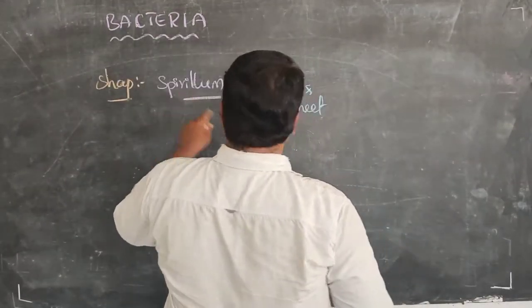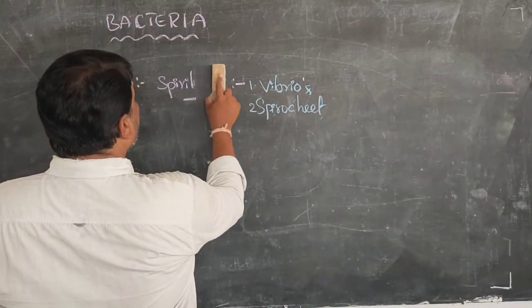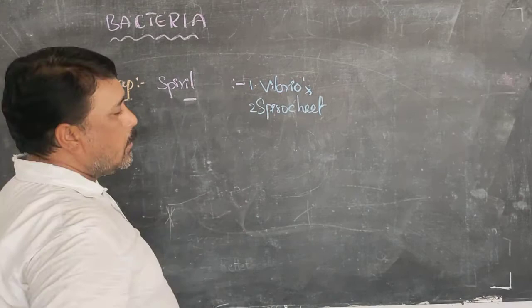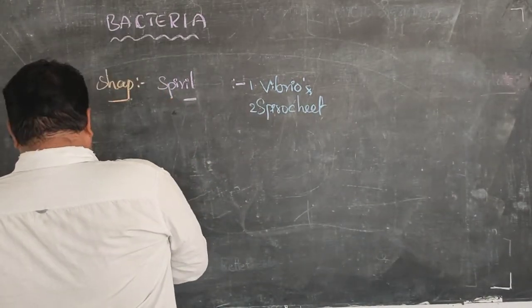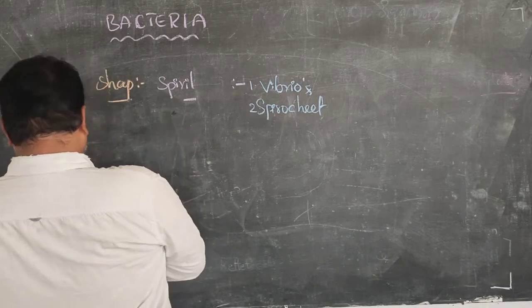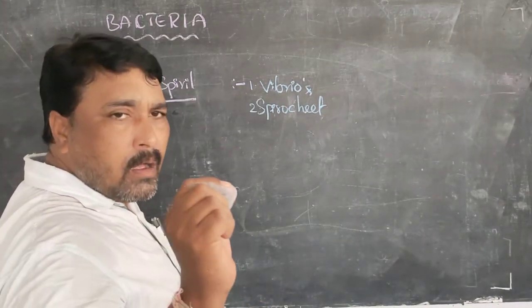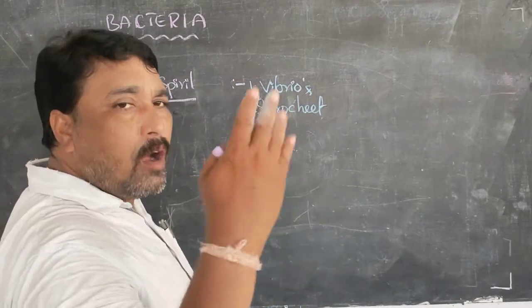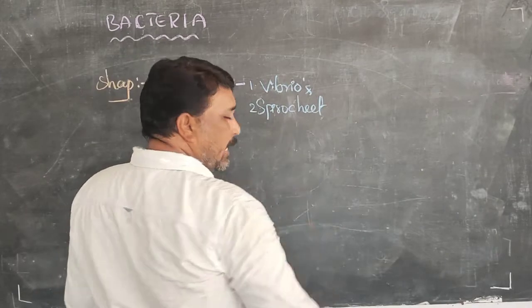Spiral. This is spiral. The spirochetes have more than two twists.